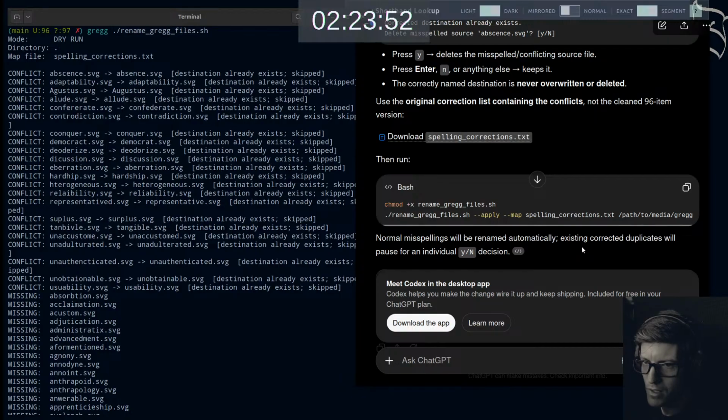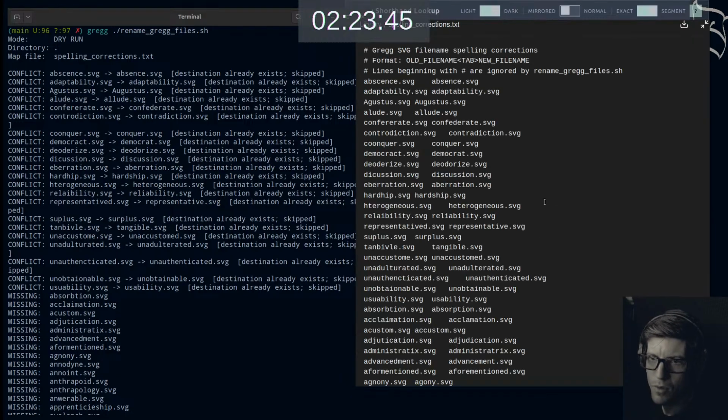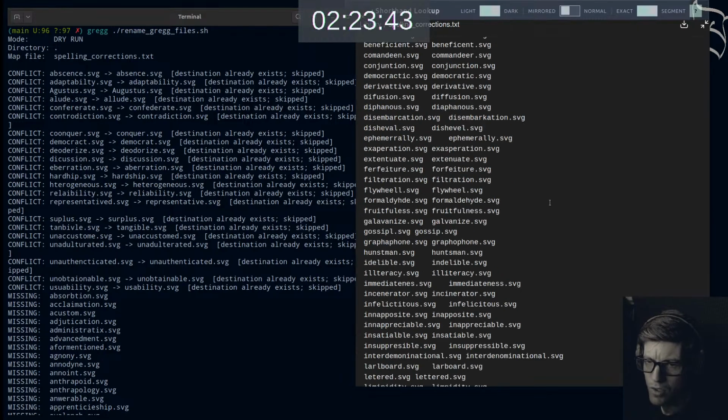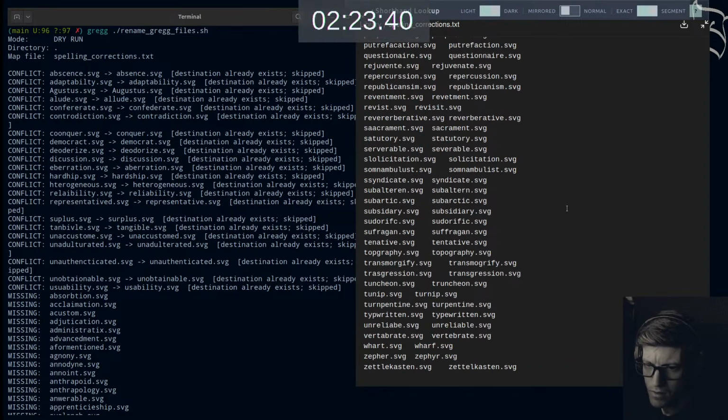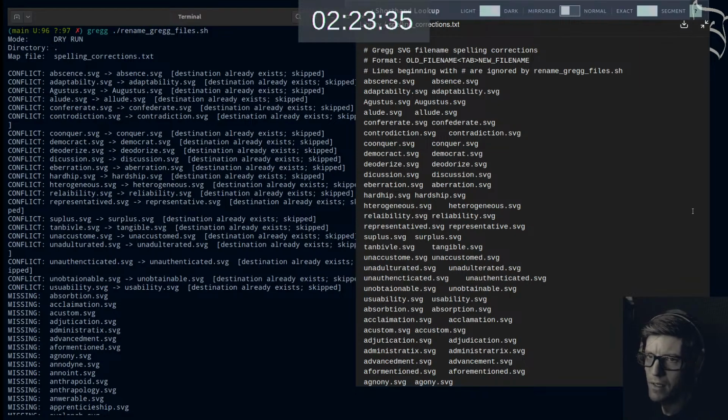Okay, so what we're going to do is grab the new listing here, which looks like the old one, right? It looks like the old one, but we'll go ahead and download it and place it in the correct directory. I'm going to search for that txt file, and we're going to remove that.